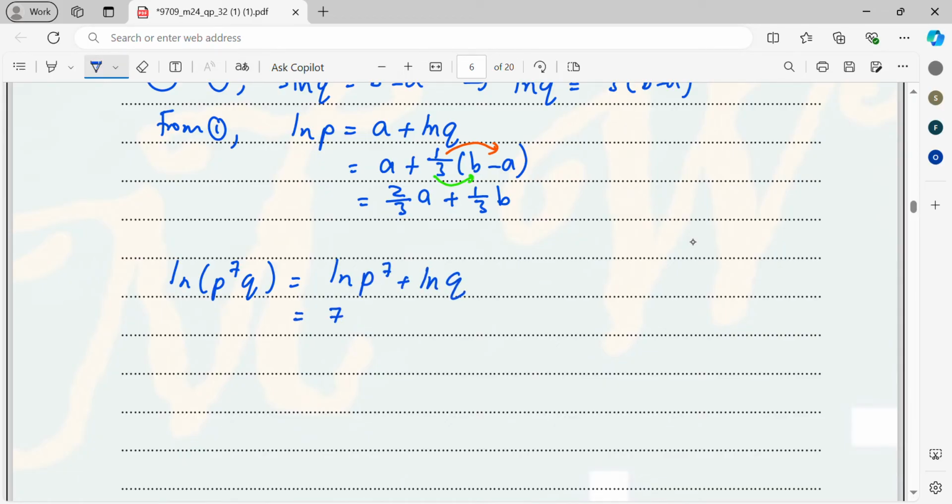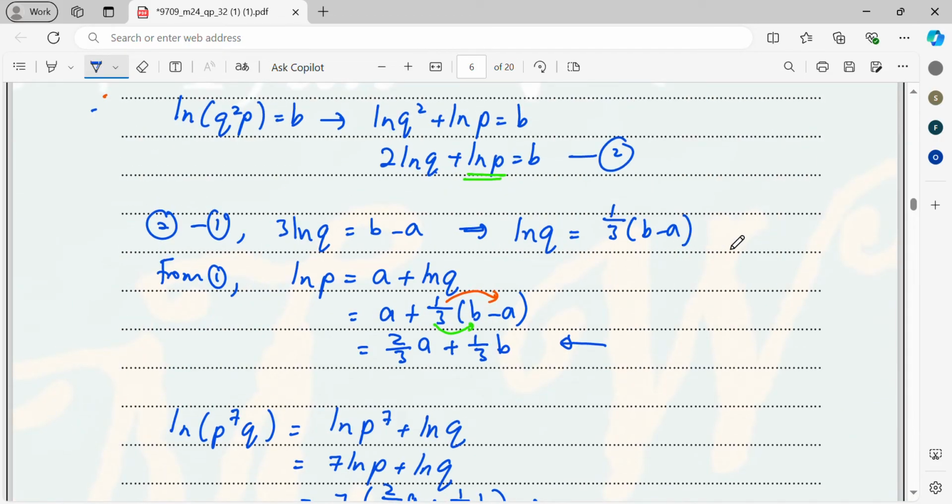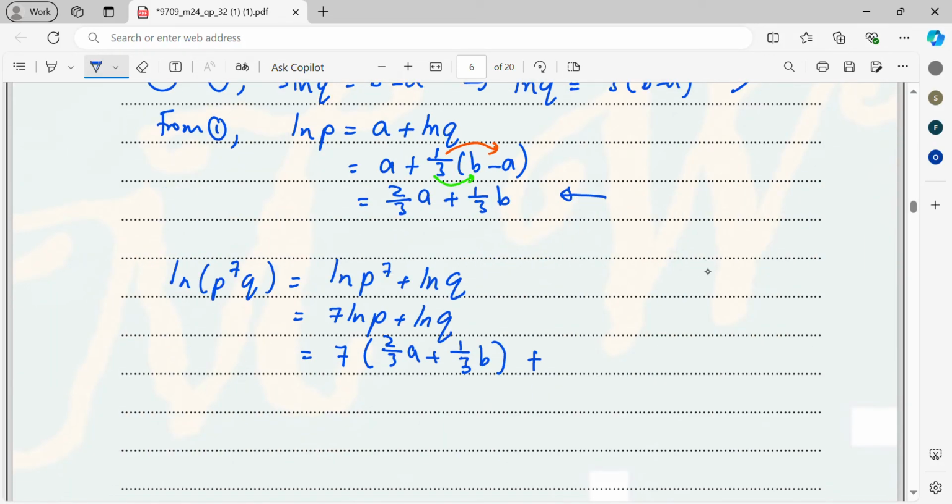Then this is the same as 7 ln p plus ln q. So 7 ln p is replaced by these two terms, 2/3 a plus 1/3 b. Plus, now ln q is going to be 1/3 of (b minus a).